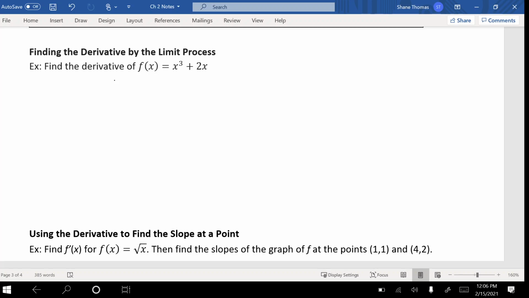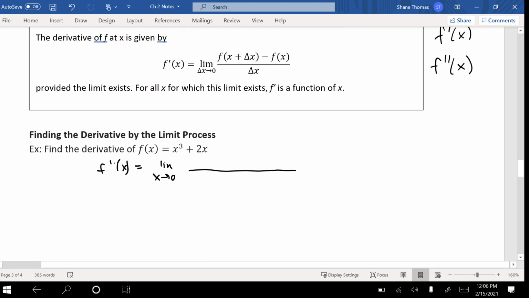First thing, we just want to use the derivative function. f prime of x equals the limit as delta x approaches 0, and we're going to plug stuff into this thing above. We want to put x plus delta x in for x, then subtract f of x, and put it all over delta x. Same thing as before, we want to factor things out and get delta x out of the bottom, so that I can plug the 0 in and evaluate it at that point.